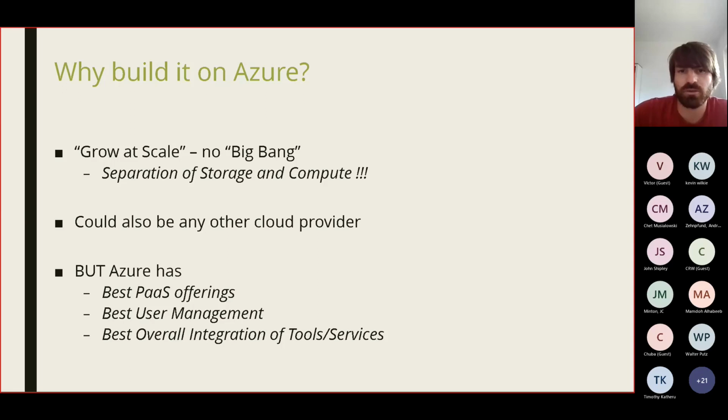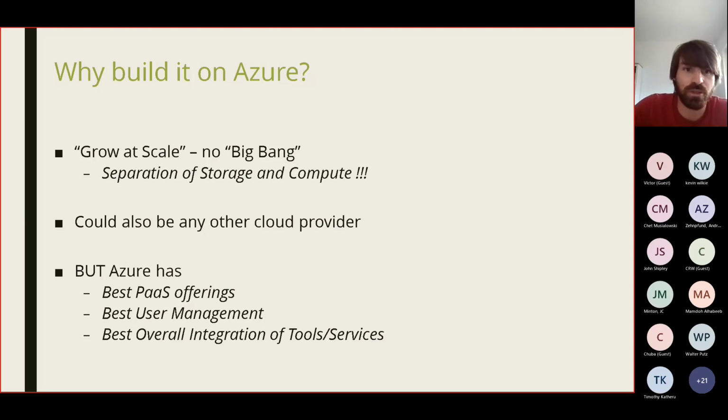We have a data lake store and we have compute, which can be Databricks or Synapse, which we'll discuss later. And you only pay for what you actually use. So if I provision a data lake store and only use 1 GB, then I'm only paying for that 1 GB, even though I already know that in the next 3 years I may grow up to 1 petabyte. I just pay for what I'm using at the moment.